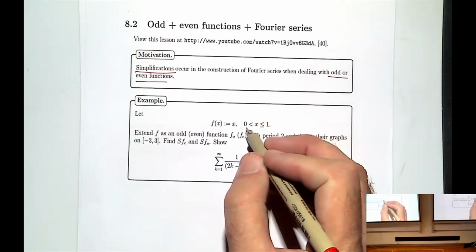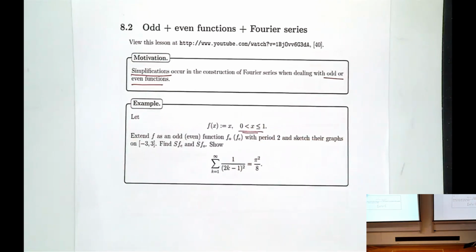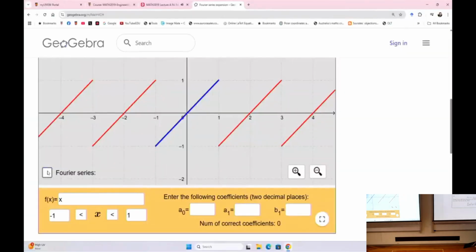I'm only starting with the function defined for x between 0 and 1, right? But if you look at all the examples that I've shown you, the main starting bit is not between 0 and 1 or 0 and L. It's always between something like negative L to positive L, negative 1 to positive 1 in this case.